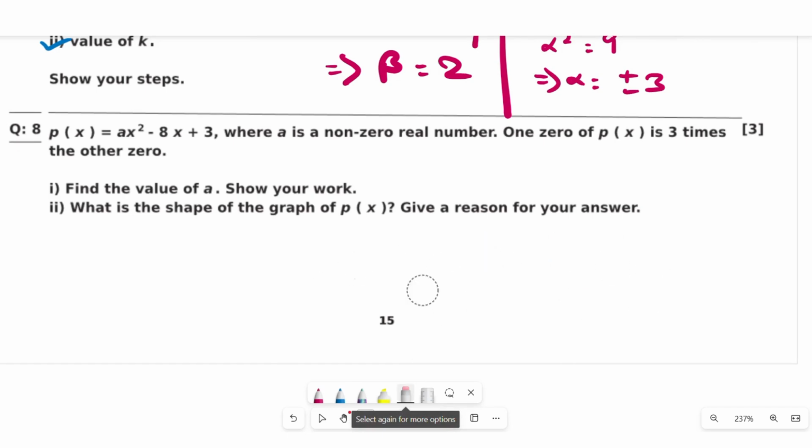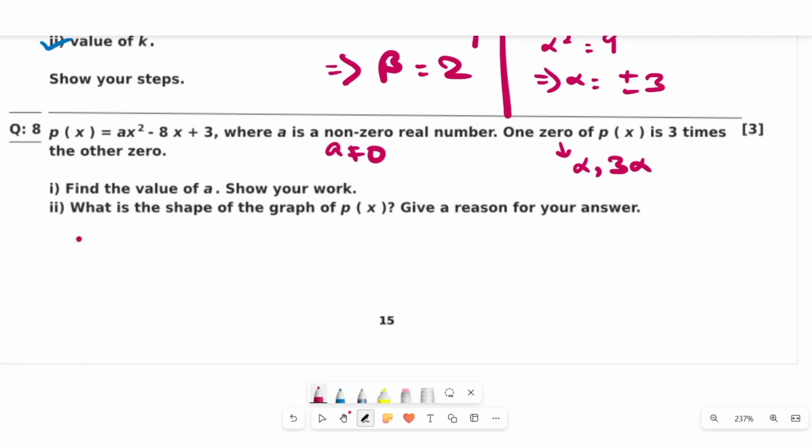Question number 8 says p(x) is given as ax squared minus 8x plus 3 and a is a non-zero real number, which means a cannot be 0. One zero of p(x) is 3 times the other zero, so let the zeros be alpha and 3 alpha, right? So find the value of a.